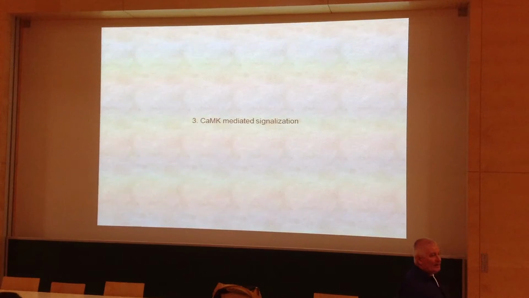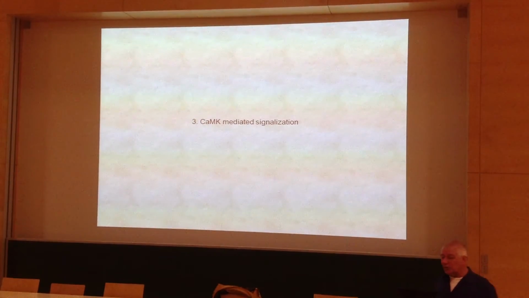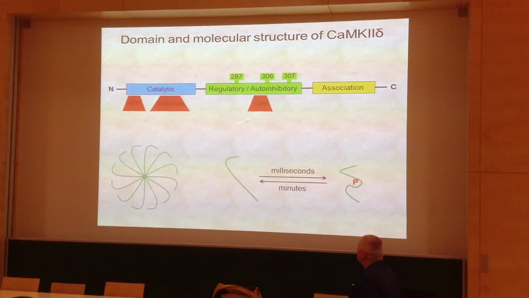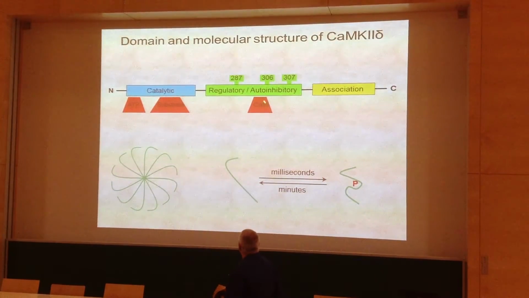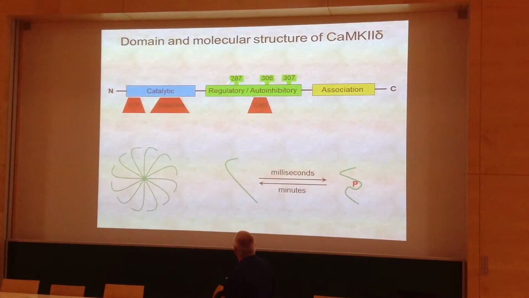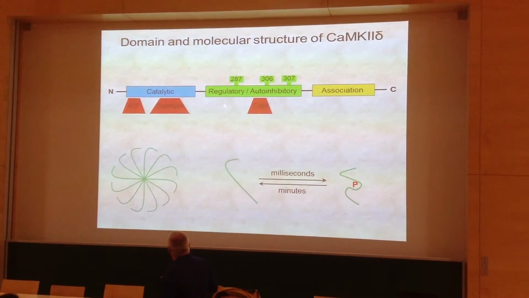The potassium channel is shown here, and the intracellular side is activated by calmodulin. Another indirect way of activation is the calmodulin kinase. Calmodulin kinase is a protein kinase in the cytosol, and the calcium-calmodulin complex binds to the calmodulin kinase that activates it.